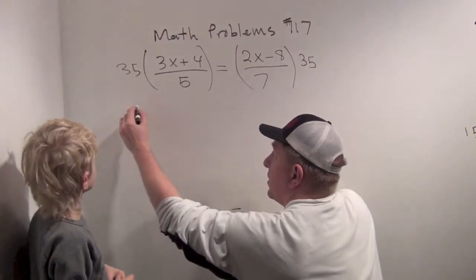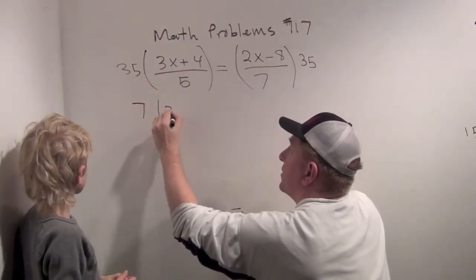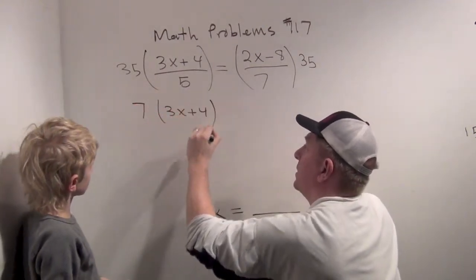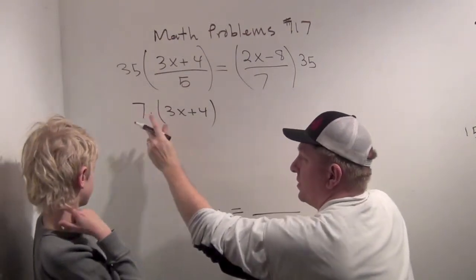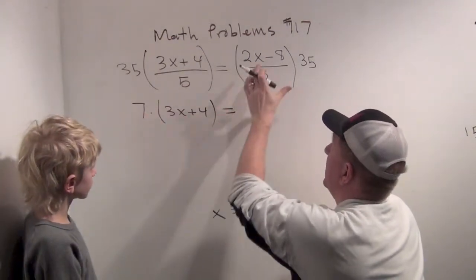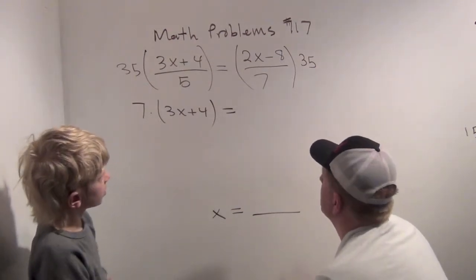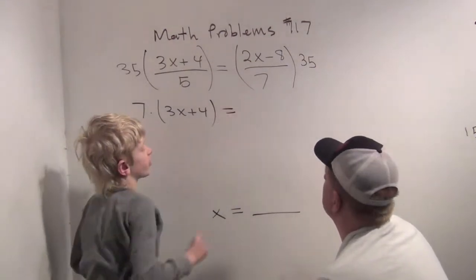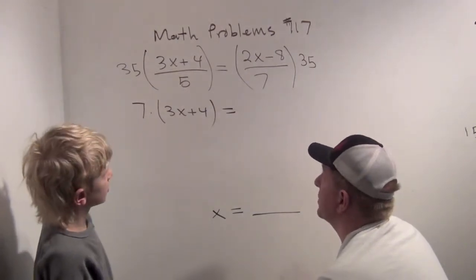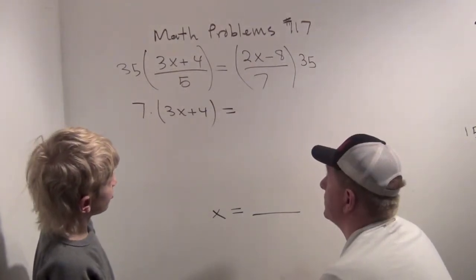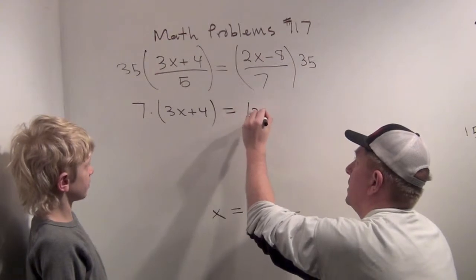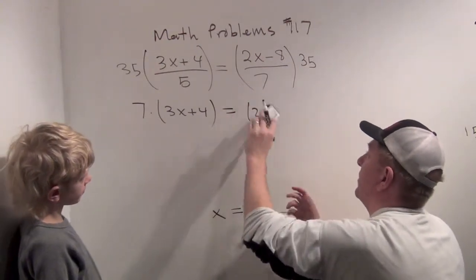Okay, we're left with, how about this? 7 times (3x + 4). Okay, and maybe we'll do that multiplication in a second. What does this side turn into? Now you can cancel the 7. Okay, so what am I left with? You're left with (2x - 8) times 5.